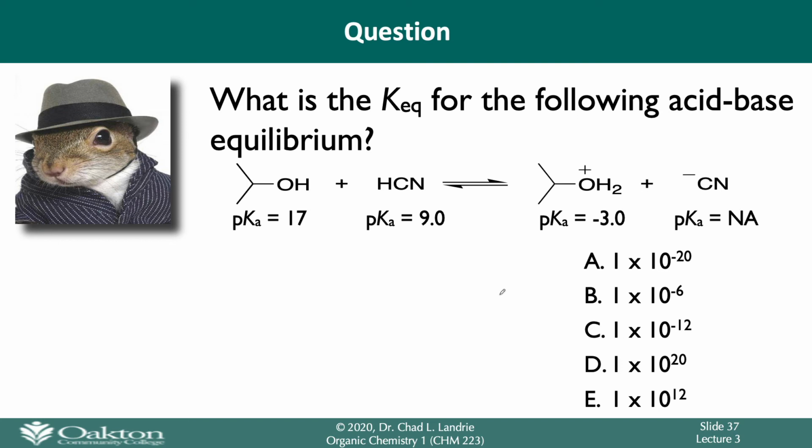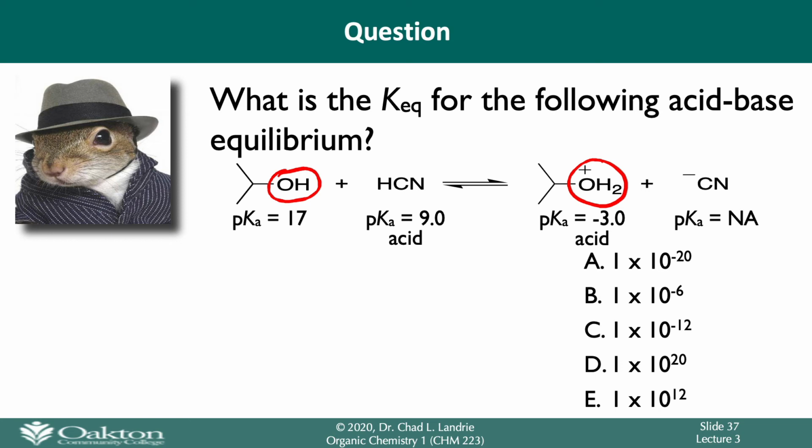is accepting a proton, right? We're starting with an OH group that has one hydrogen, and we're ending with that oxygen having two hydrogens. So that means that that must be the acid. Or sorry, that must be the base. And HCN is donating the proton, and so it must be the acid.